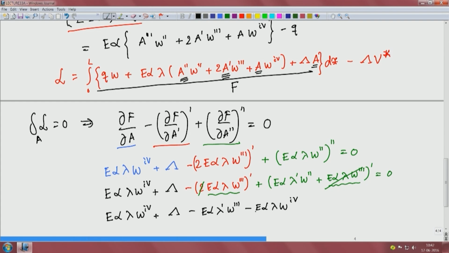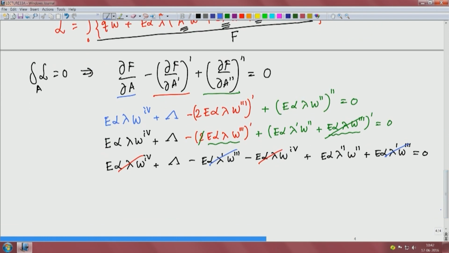We are happy because the first term and this get cancelled. Then we have the last term, which will give us E alpha lambda double prime w double prime plus E alpha lambda prime w triple prime equal to 0. Again, it is a happy situation because we see that and that cancelling.